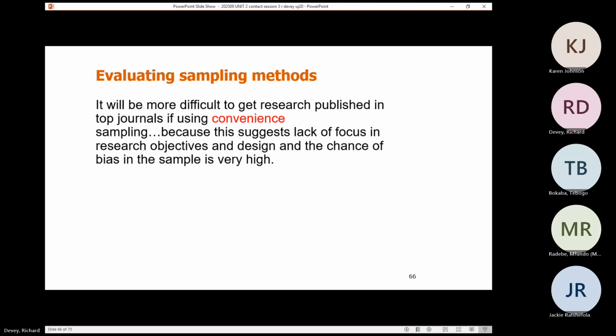So sometimes what I suggest to students when they say that they're going to use convenience sampling is to try and shift the research so that they might be doing some group comparisons, and then they're using a quota sample rather than a convenience sample. So it's got more focus. But it doesn't have to be. Sometimes it's the only method that's available for the population and the type of research that's being done.